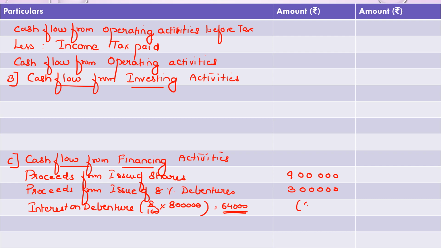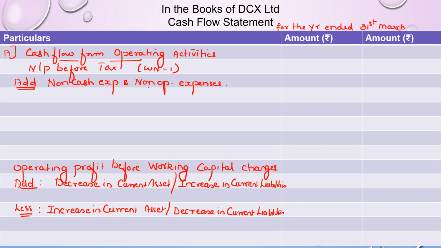So you will show an outflow of 64,000 here. The other effect that you need to remember is that it's a non-operating expense. So interest on 8% debentures, 64,000, would be added back because that has been subtracted in arriving at this number. So two effects when it is additional information.